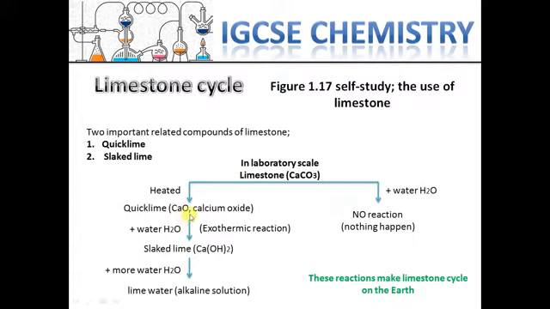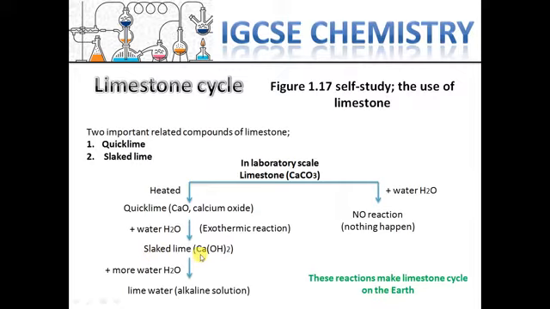So this compound, calcium oxide, is quicklime, and if we add some water, there will be an exothermic reaction. Exothermic reaction means the reaction releases heat. So the product would be slaked lime.